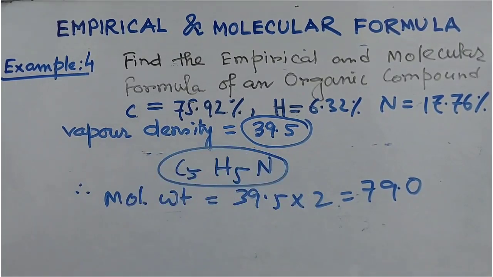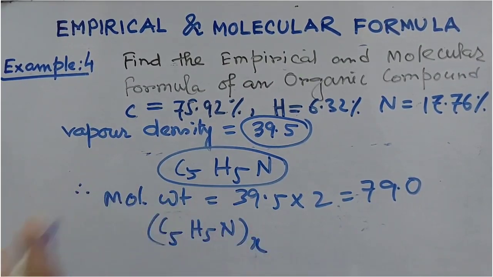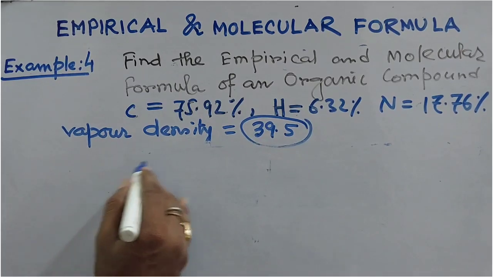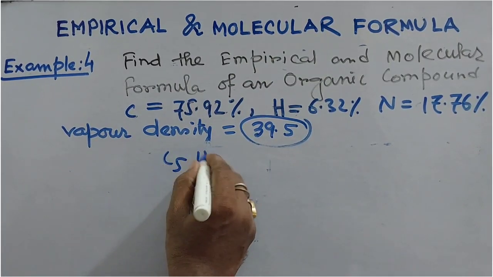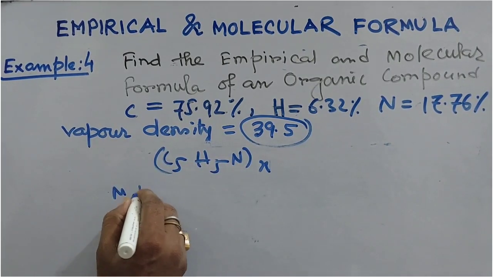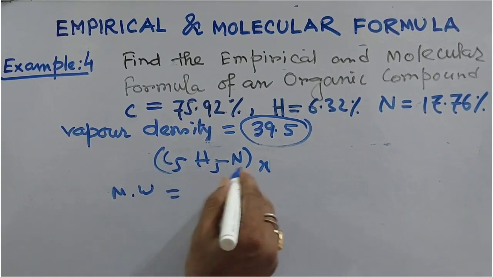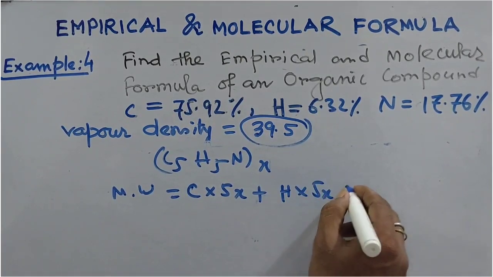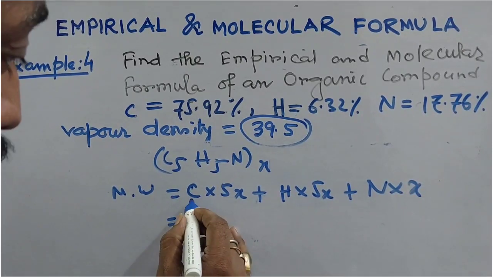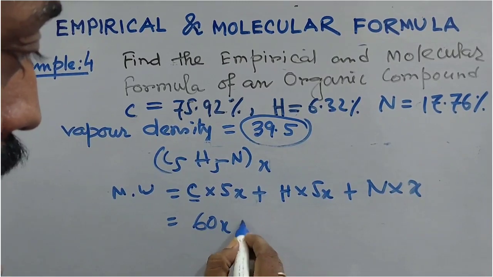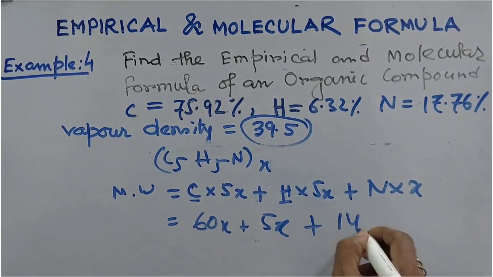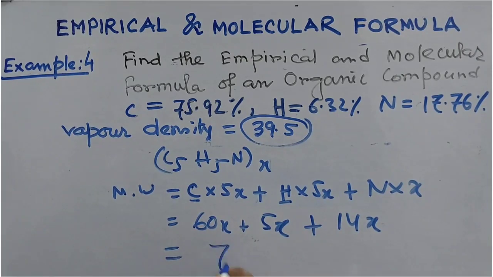As the empirical formula is C5H5N, let us consider the molecular formula (C5H5N) whole suffix X. Now, with the help of X, the molecular weight will be C into 5X plus H into 5X plus N into X, that is, atomic mass of carbon 12, that is 60X, atomic mass of hydrogen 1, that is 5X, and 14X, that is 79X.